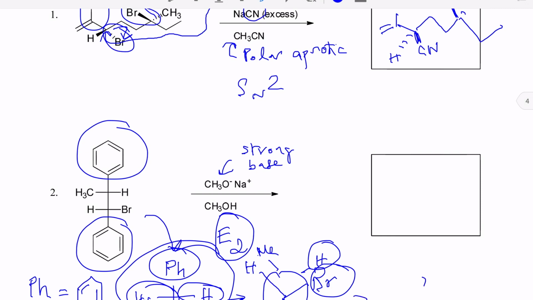So if we do that, if we move the atoms in the back of the Newman projection, if we rotate it by about 180 degrees or so, yeah, 180 degrees, we find that we get this type.